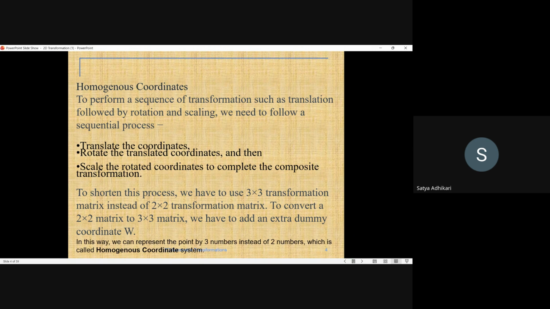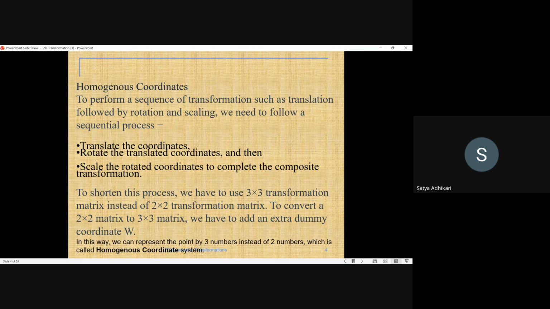Translate the coordinate, rotate the translated coordinate, so once the translation is done, then rotate that, and then scale the rotated coordinates to complete the composite transformation. To a single object, we first perform translation, then rotation, and then scaling.